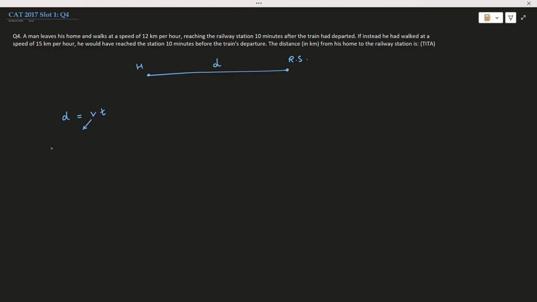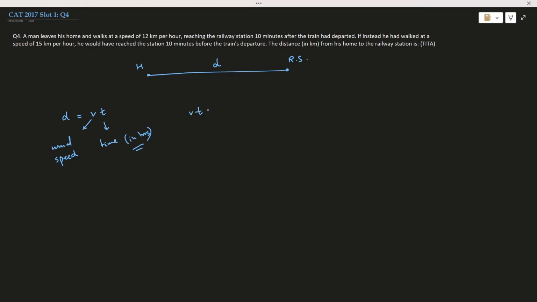This is his usual speed and this is the time, such that he will not have to wait. He reaches the station at the same time the train also leaves. Time in hours.